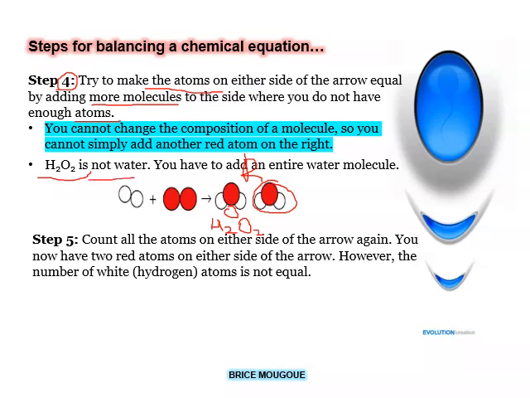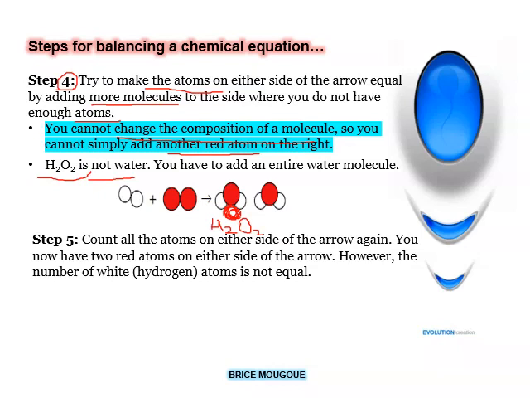So we're not adding an atom of oxygen, no. We're adding a whole water molecule to try to fix that problem of the shortage of the atom of oxygen. That's what it means. You cannot change the composition of a molecule. So we can't change the composition of the molecule by adding the hydrogen atom. So you cannot simply add another red atom to the right. That's what we're doing here.